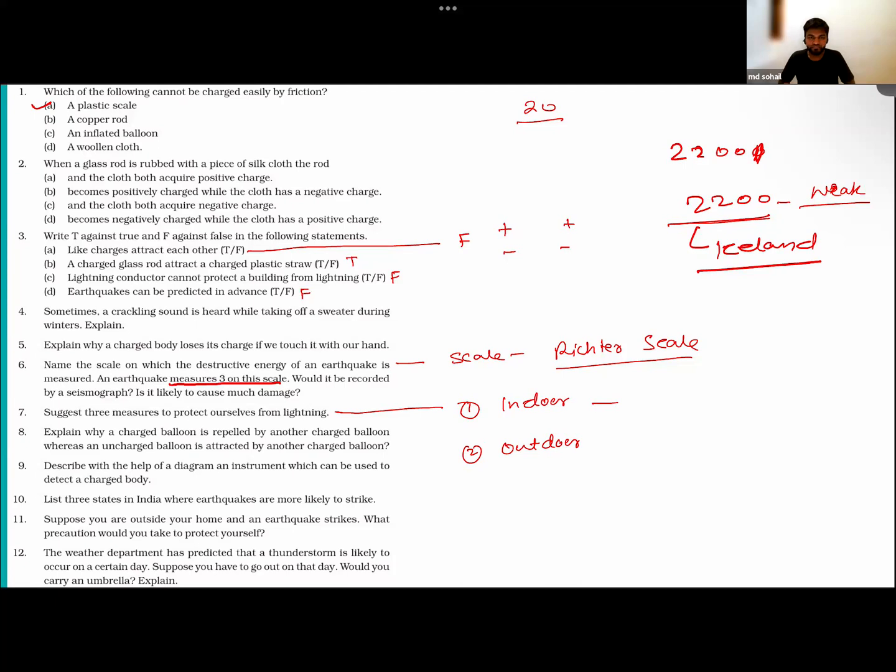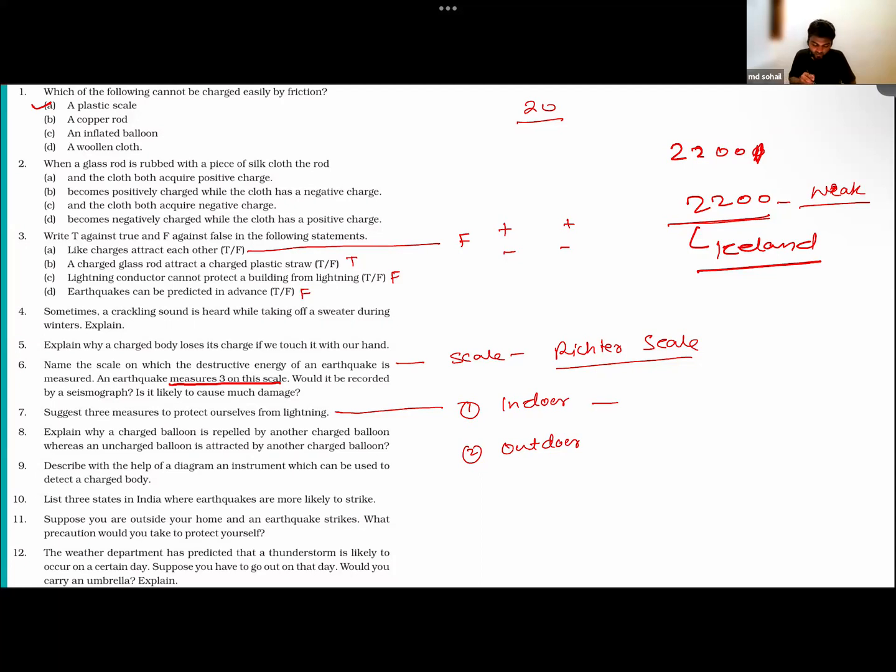Exactly. And we should stay away from electric cables. Okay. What should someone do if they are in a forest? We should look for a lower place or a lower tree. Yes. Okay. And should someone take a bath while it's lightning? No, sir. No, obviously not.